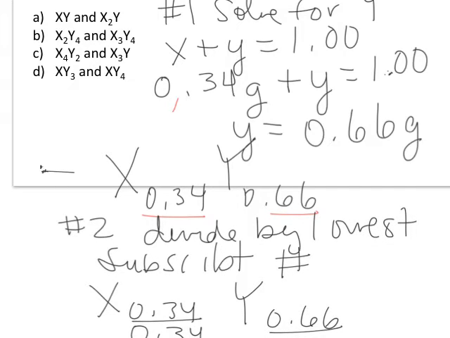This will give you X 1 and Y 1.9. 1.9 is essentially 2. So you have X 1 and Y 2.